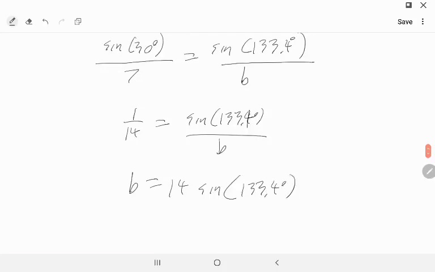The sine of 133.4 is approximately 0.73, so that would be approximately 14 times 0.73, which gives us around 10.2. You notice that we can't use the Pythagorean theorem anymore because it's not a right triangle.